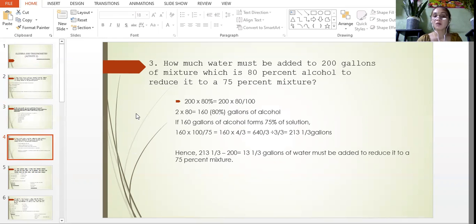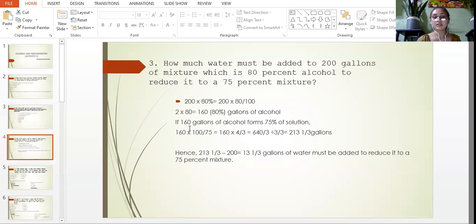Number 3. How much water must be added to the 200 gallons of mixture which is 80% alcohol to reduce it to a 75% mixture? So 200 times 80% is equal to 200 times 80 over 100, so 2 times 80 is equal to 160 gallons of alcohol.